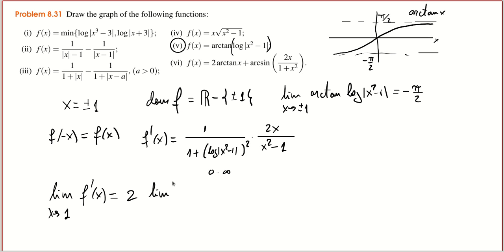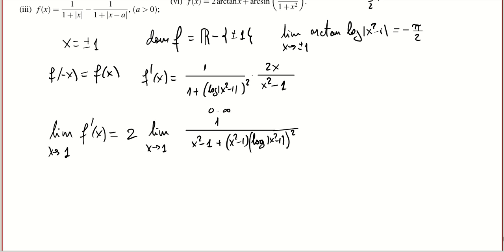So we only have the limit when x goes to 1 of 1 over x squared minus 1 times 1 plus the logarithm of the absolute value of x squared minus 1, squared. Okay, right.